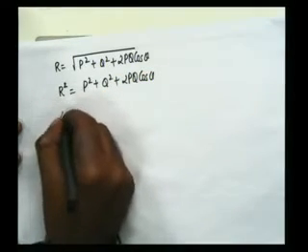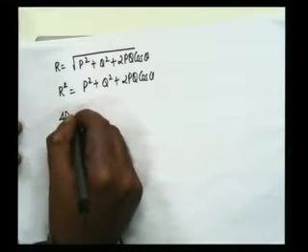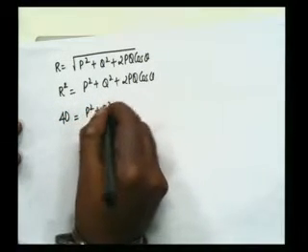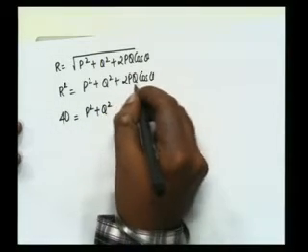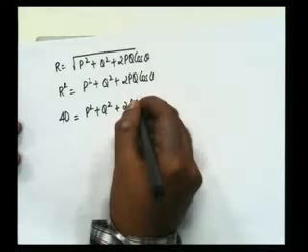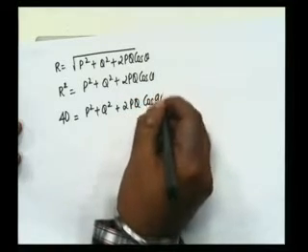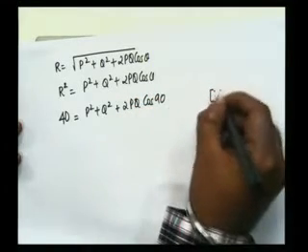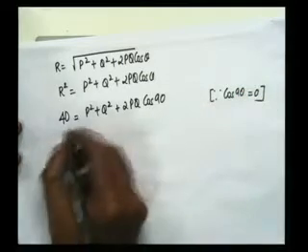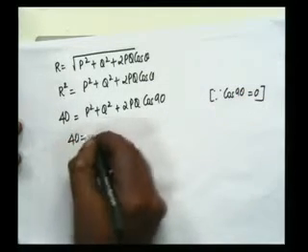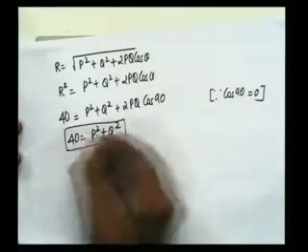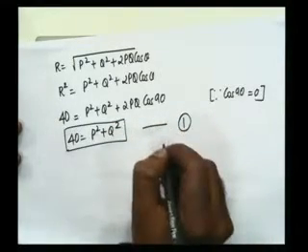So R square will be equal to 40 and that will be equal to P square plus Q square plus 2PQ cos 90, right? So plus 2PQ cos 90, but as cos 90 is equals to 0, this equation would be 40 is equals to P square plus Q square. Let us say this is equation number 1.